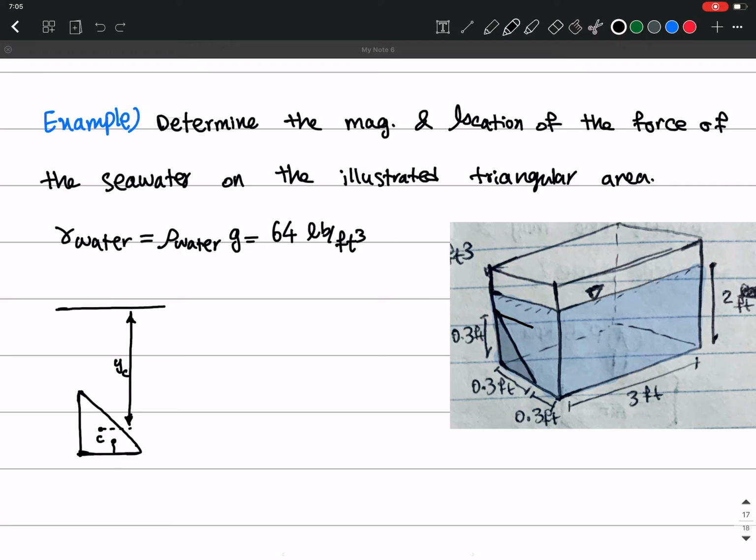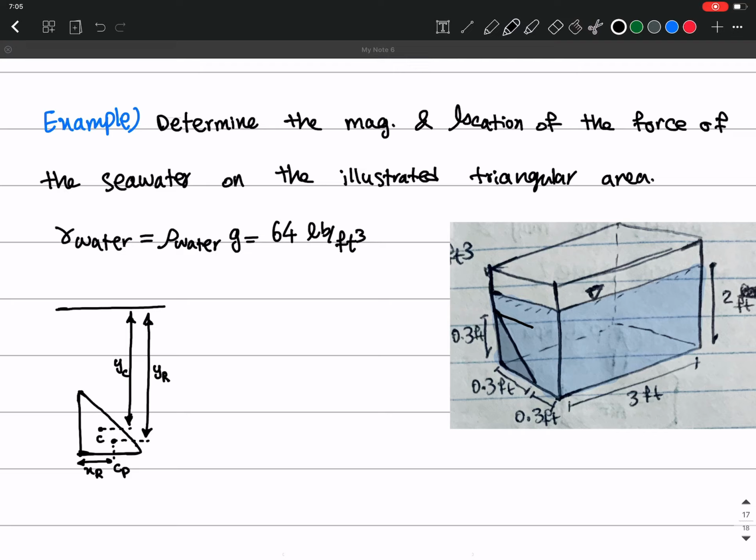So it will have an x_R from here, the resultant, and also a y_R from here. So the first area moment and second area moment.